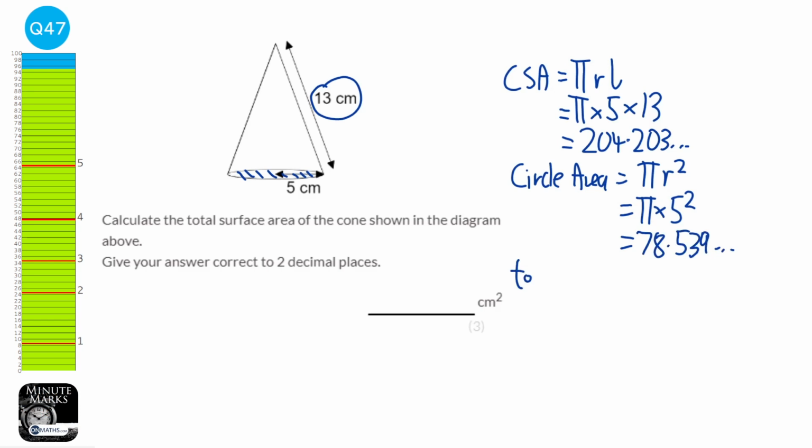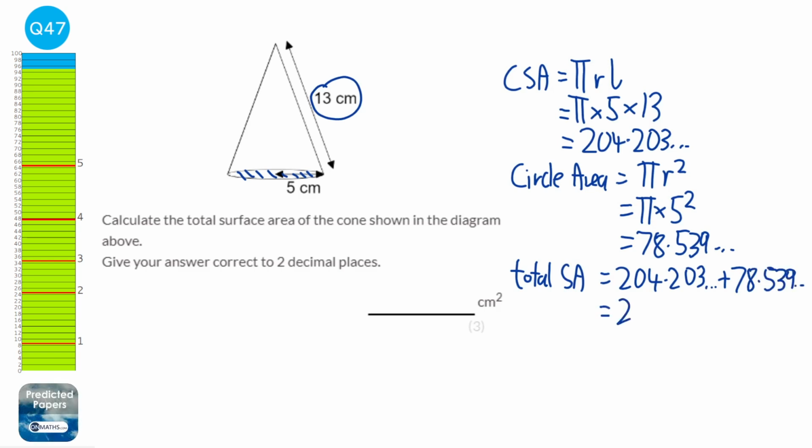And so the total surface area is just a matter of adding those together. And that will give us 282.743, blah, blah, blah. And 2 decimal places, that's going to be 282.74.